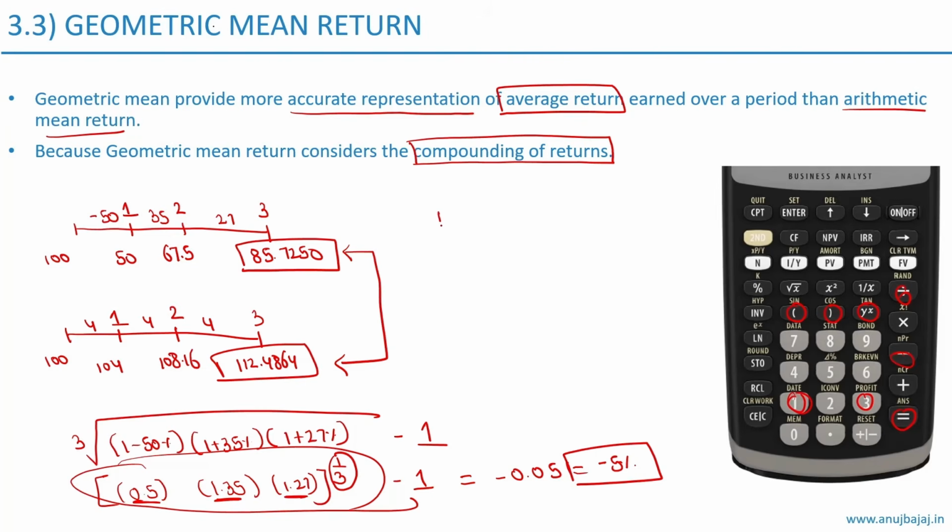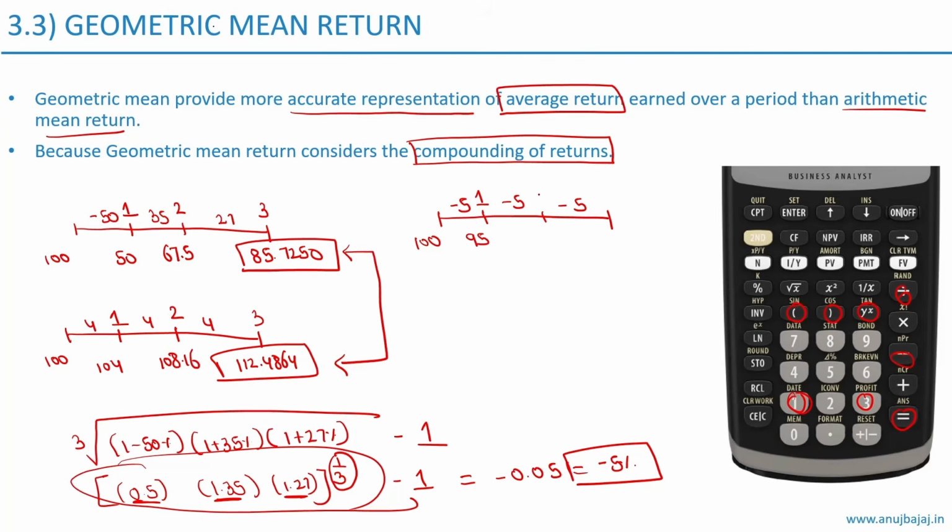Now let's put this figure and see what value we get. So negative 5% during year 1, negative 5% during year 2 and negative 5% during year 3. $100 at the beginning. Value at the end of year 1 will be 100 minus 5%, which is 95.